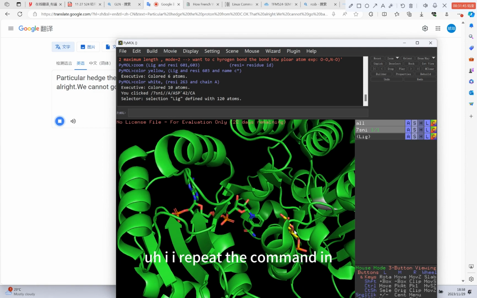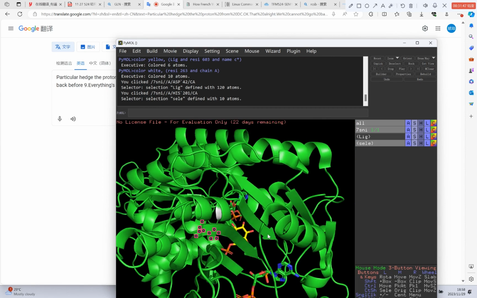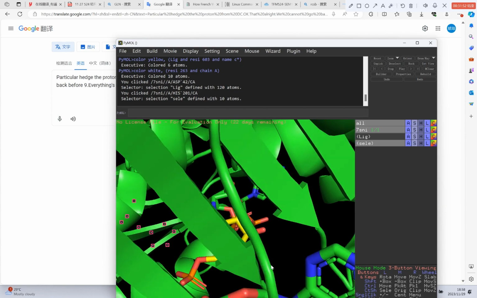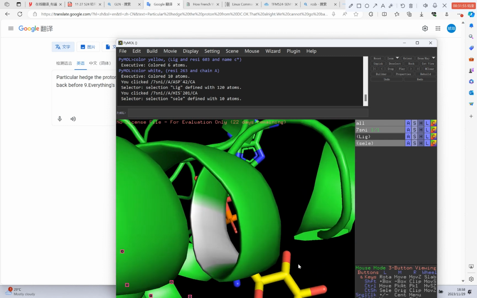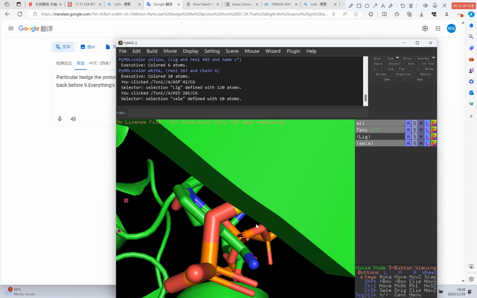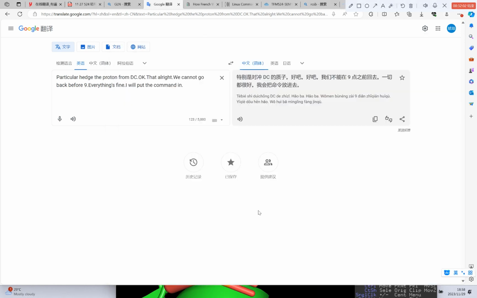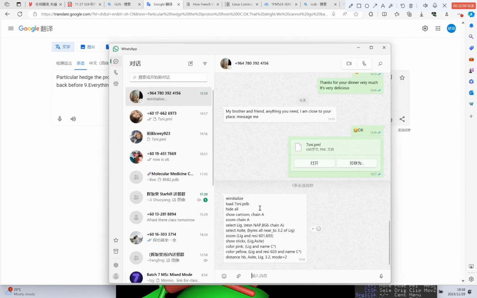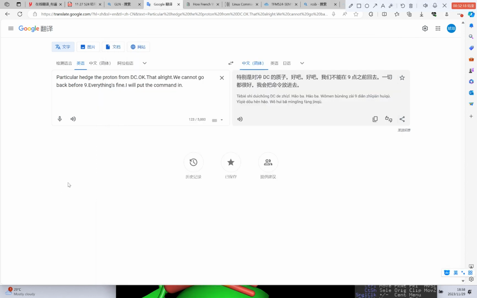I will put the command in. So inside it has only one RNA.